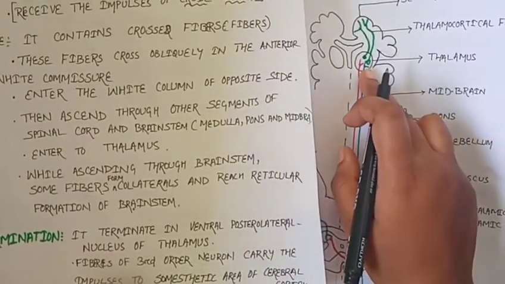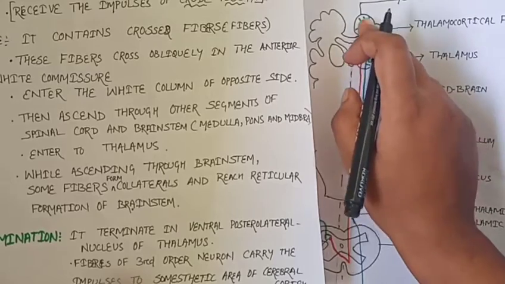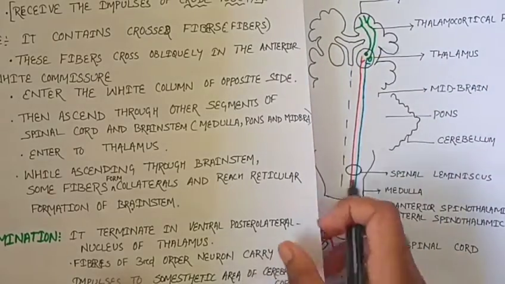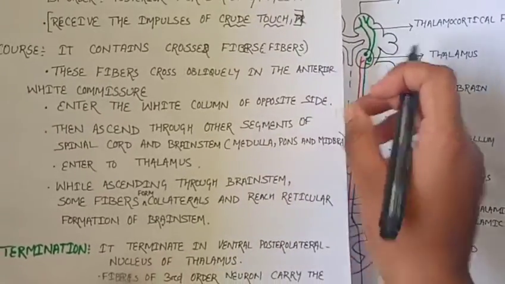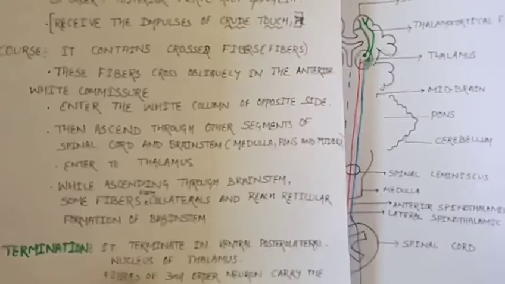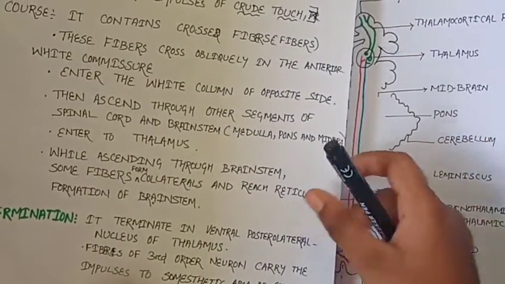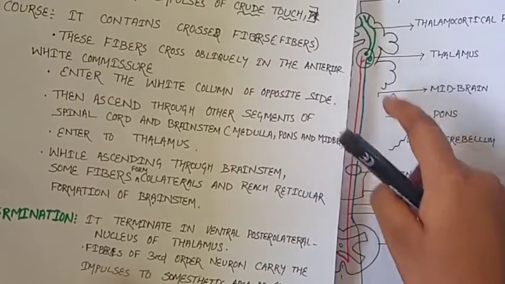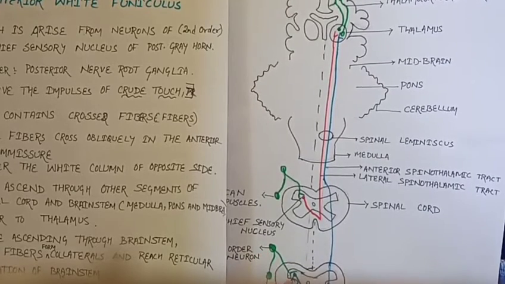Then here it synapses, and one fiber enters the cortical region, that is the somatosensory area of the cerebral cortex. That is the third order neuron, because we know this is the first order, then second order.